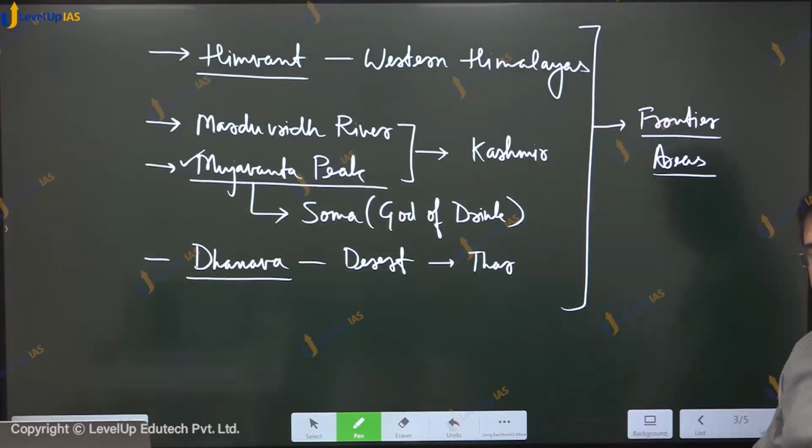The Aryans also mentioned the presence of two major seas on India's western and eastern coasts.